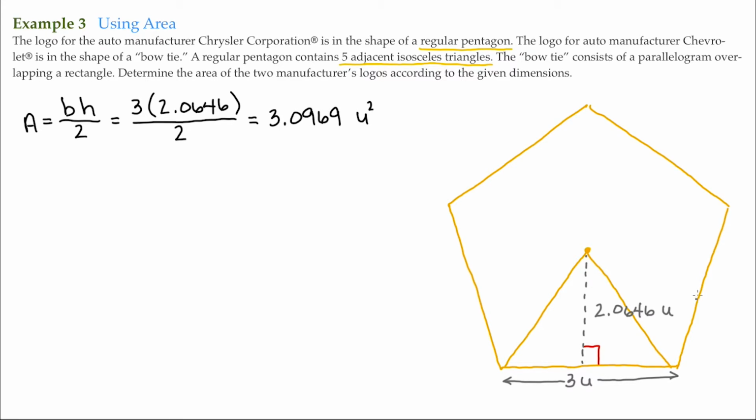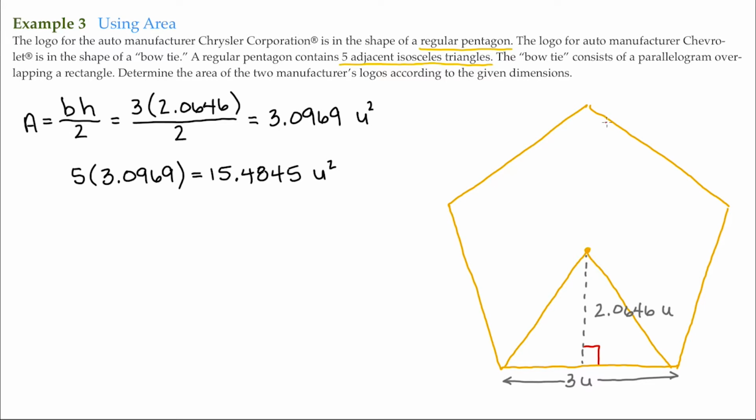To determine the area of the entire pentagon, well, since this pentagon is made up of 5 similar triangles just like this, I'm just going to multiply this value times 5. So 5 times 3.0969, that's 15.4845 square units.